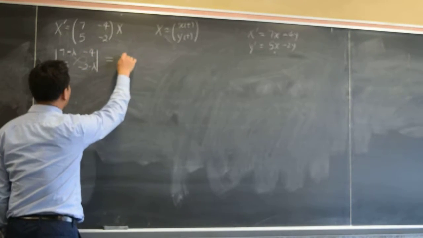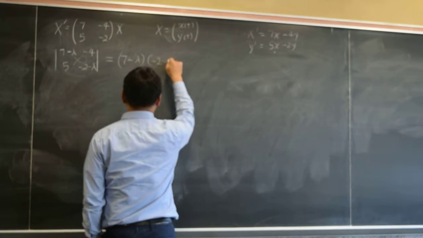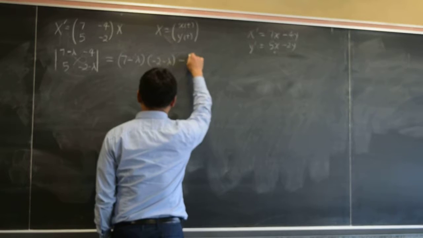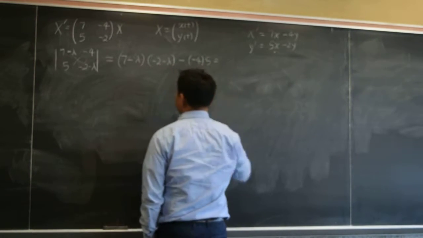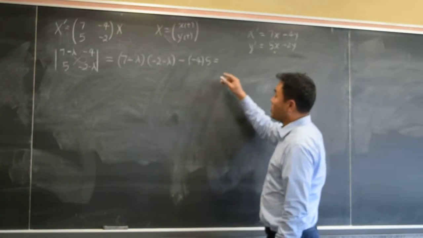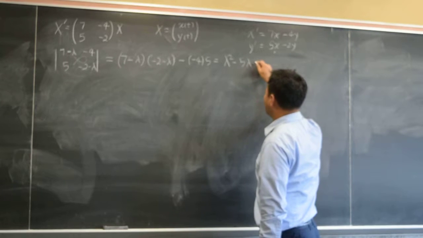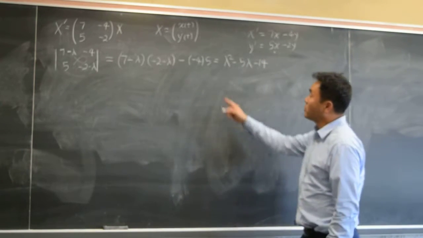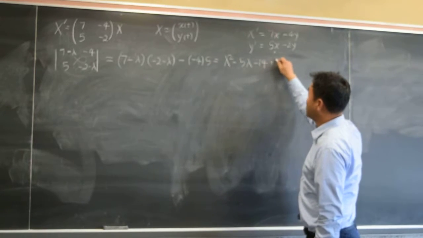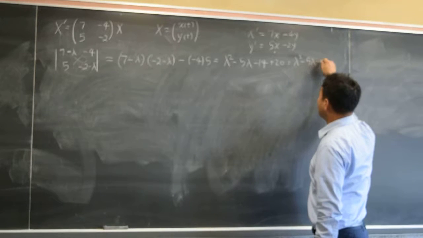So it's (7 minus lambda) times (-2 minus lambda) minus (-4) times 5. That's lambda squared minus 5 lambda minus 14, and this one is plus 20. So you get lambda squared minus 5 lambda plus 6.